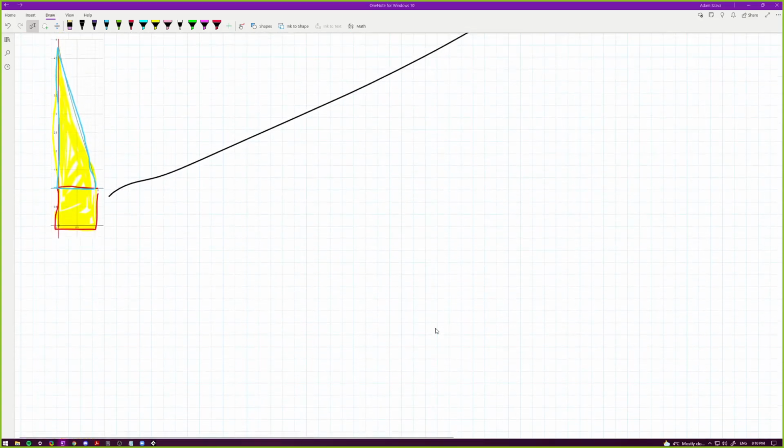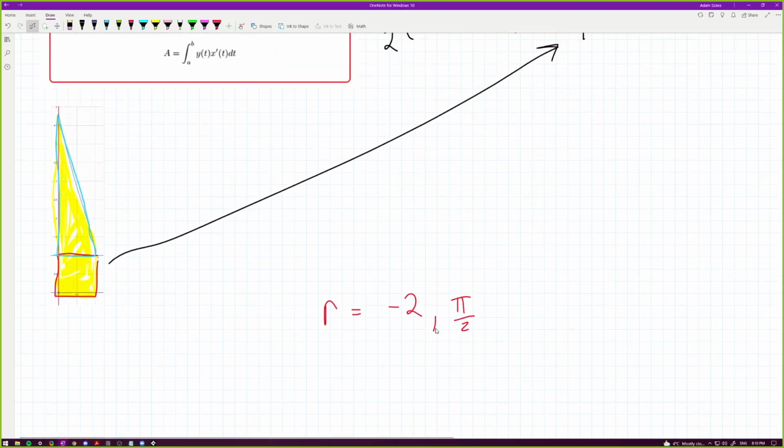If r is negative 2 at pi over 2, then that's a ray like this, with a length of 2. Because the angle is pi over 2, but the length is negative, so we go down. But we shouldn't do that on the test, right?